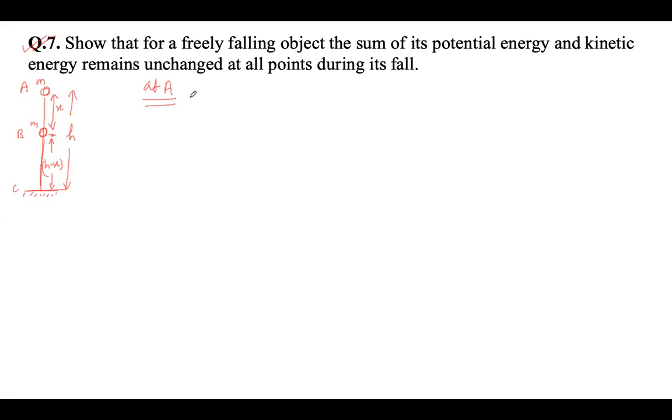अब at A पे आएंगे, potential energy at A, ठीक है, so potential energy at A will be equal to mgh, and kinetic energy at A is equal to 0. So total energy is equal to mgh plus 0.